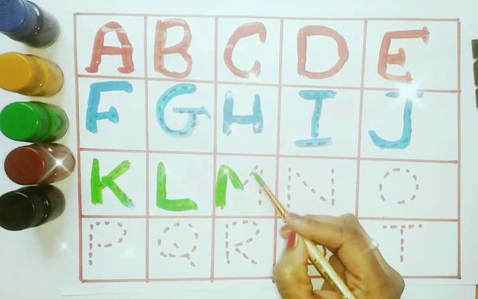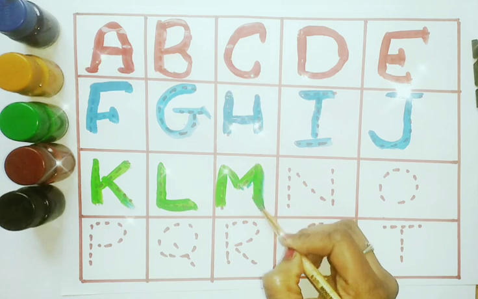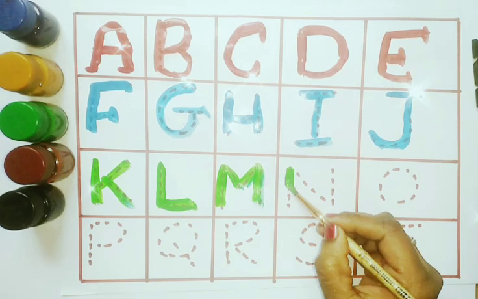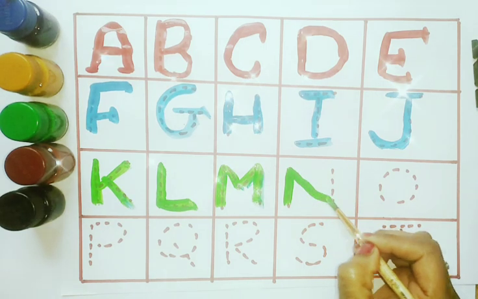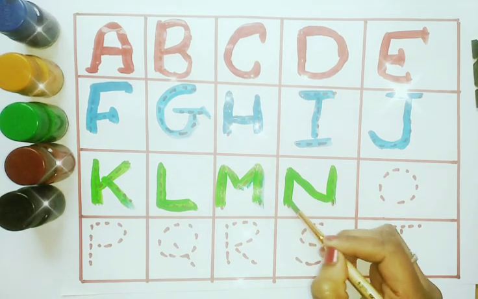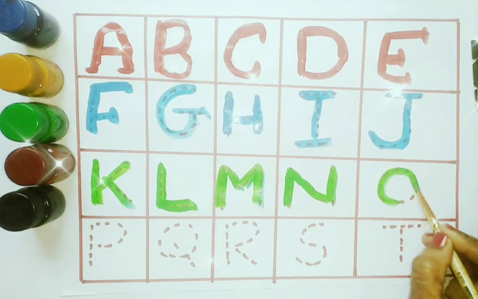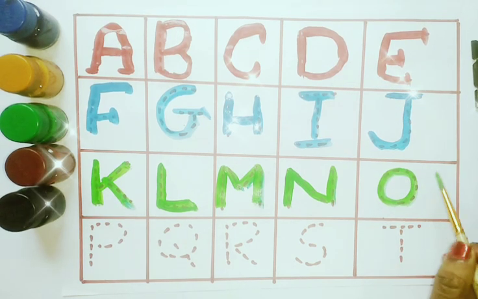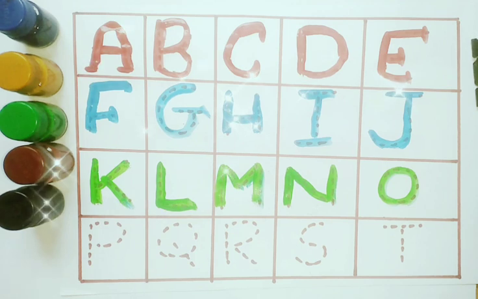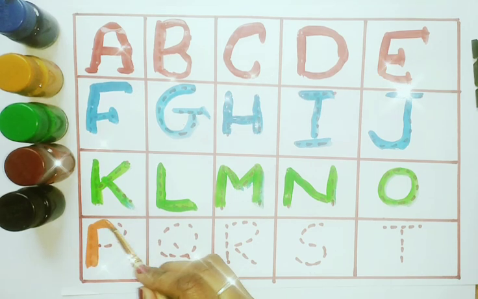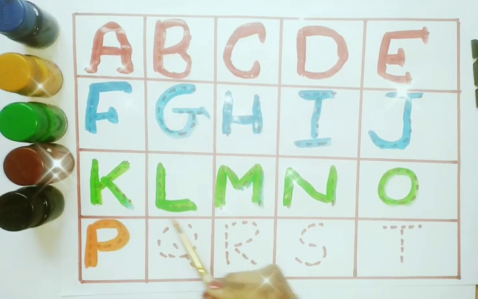M for monkey. N for nose. O for orange. Orange color, P for parrot.